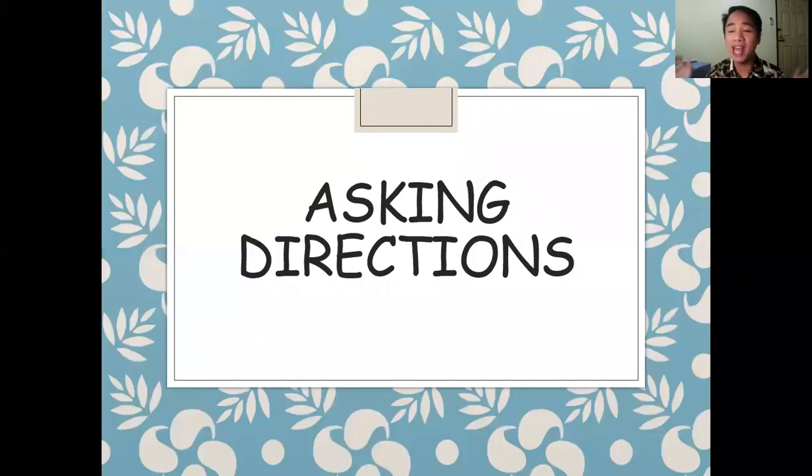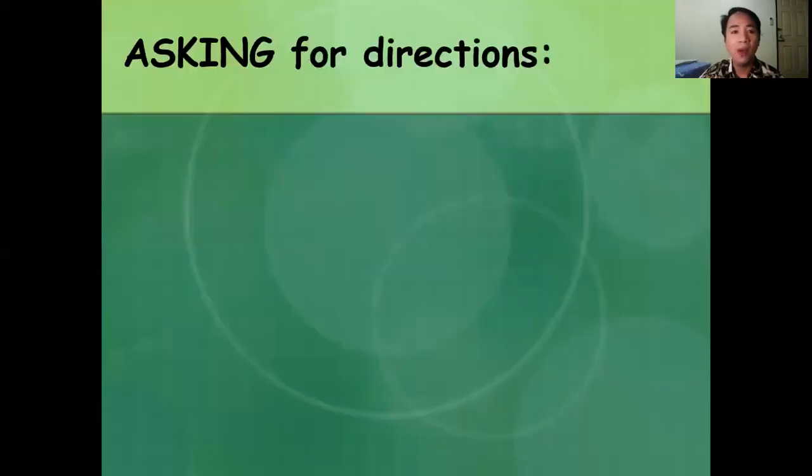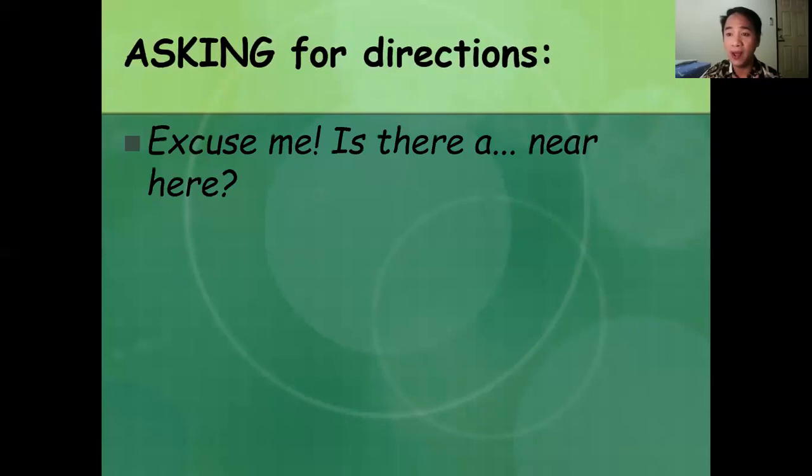So let's proceed with our discussion, asking directions. Okay, it's very important to ask directions. So when you ask directions, you have to follow the basic question on how to ask someone. So when you ask for direction, it is very important to tell this question.